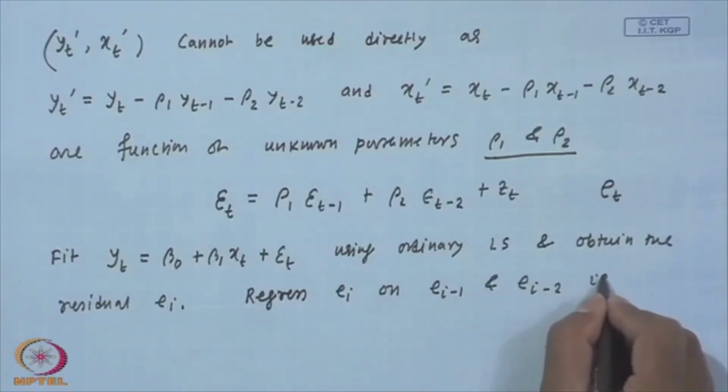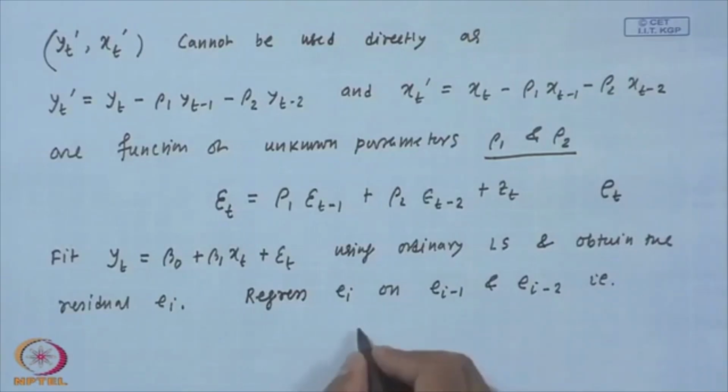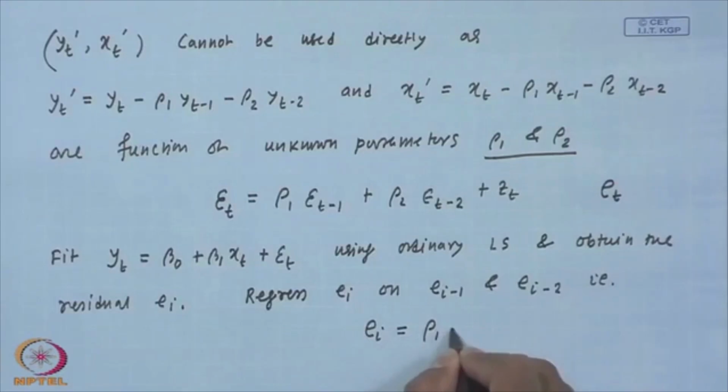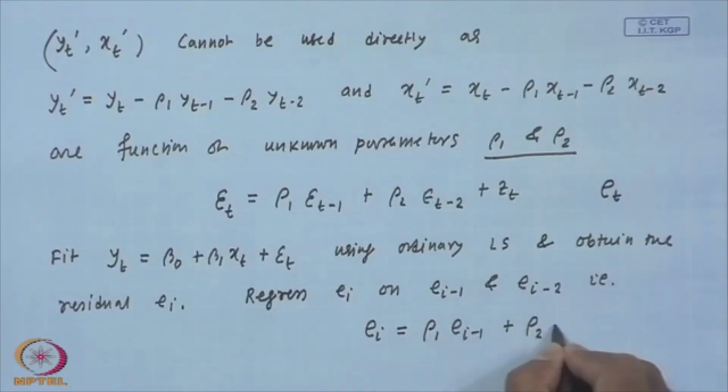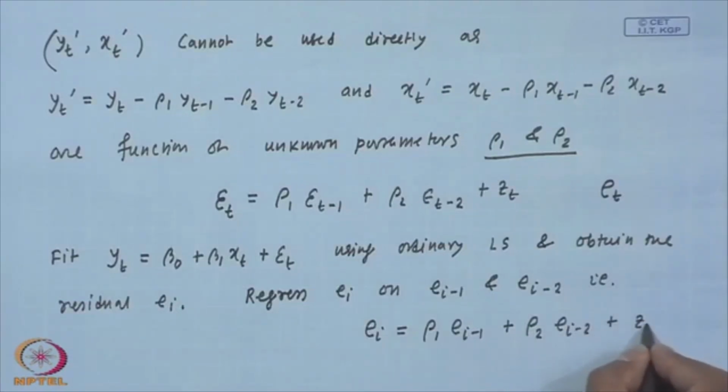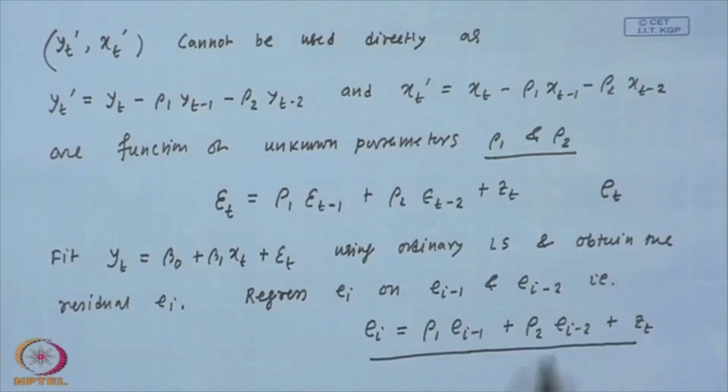That is, you fit a model like e i is equal to rho 1 e i minus 1 plus rho 2 e i minus 2 plus some error z t. So, you know epsilon i's, so you can fit this model, right. So, this is nothing but a multiple linear regression model with 2 regressors.